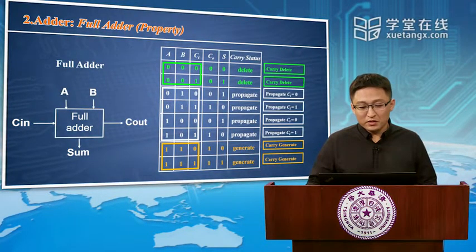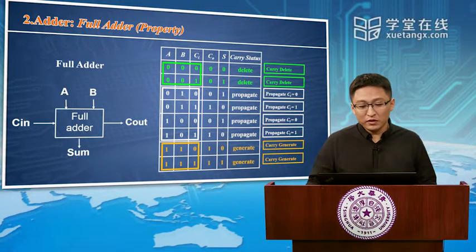And between this, we can find out when A is different from B. In other words, when A is equal to 0 and B is equal to 1, or A is equal to 1 and B is equal to 0, so they are different. And at this time, the Ci would be copied directly to the C output.